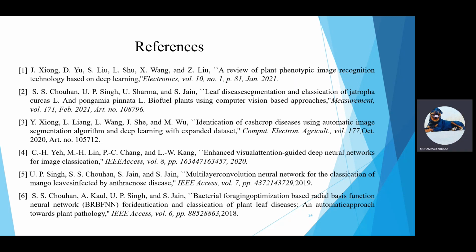And the bacterial foraging optimization based radial basis function neural network and classification of plant diseases was published by U.P. Singh and U.S. Jain. U.P. Singh and U.S. Jain have published two references which I have referred to.